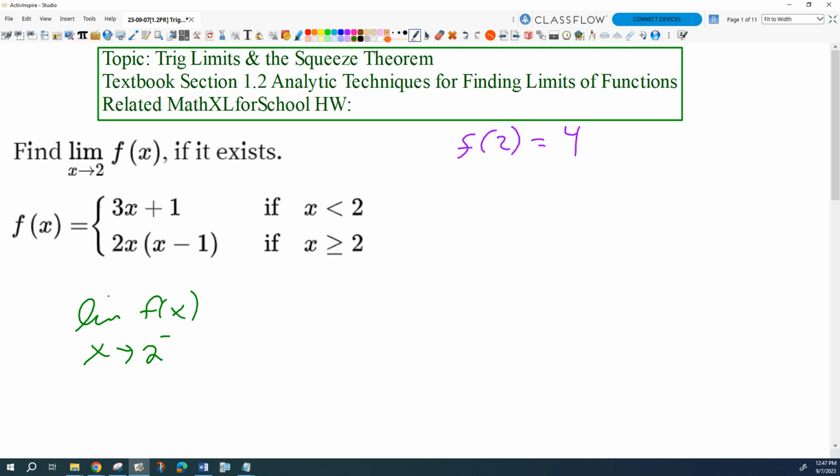Which one do I have to use? The top one, yeah. Because this is the piece that's defined for values of x less than, or left of, 2, right? So this would equal the limit of f of x on this domain as x approaches 2 from the left. It's going to be there.